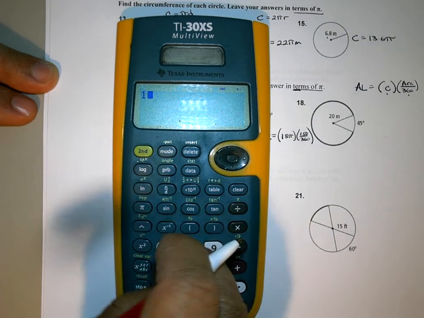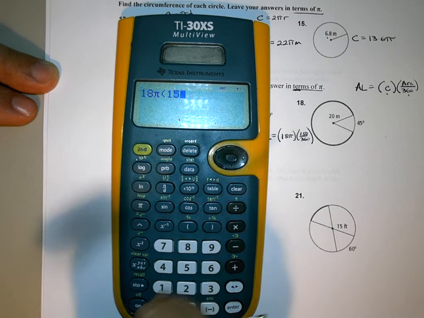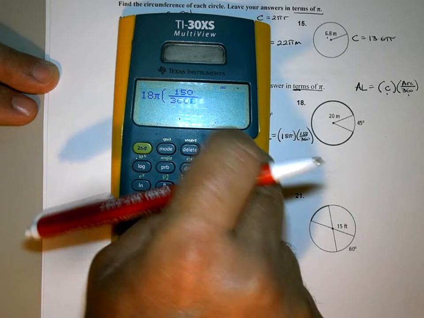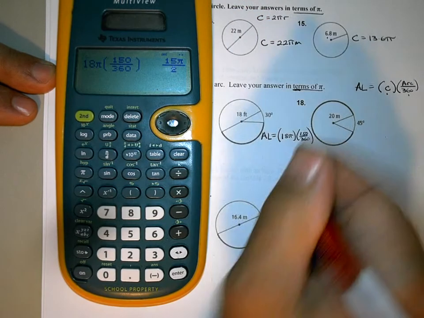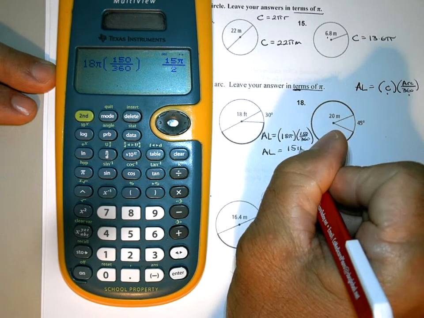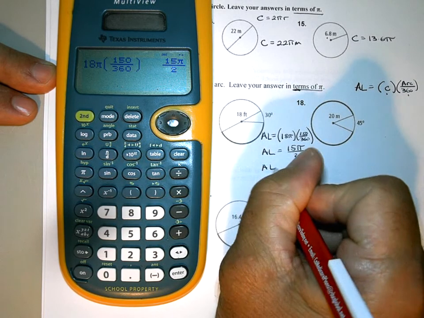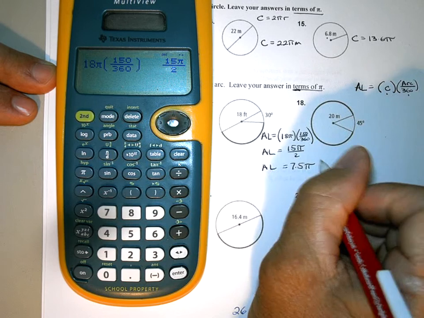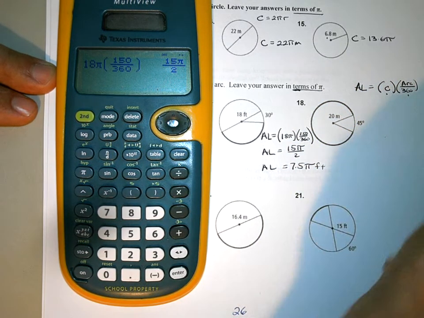So it's 18 pi times 150 over 360, and we get 15 pi over 2. And that's a perfectly legitimate answer. I'd be happy with that, but some of you prefer to write it as 7.5 pi, which is fine, and that is feet.